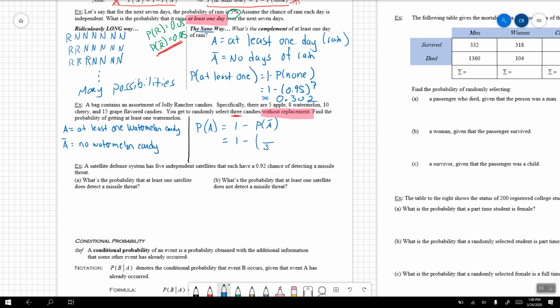So out of these 38 candies, how many are not watermelon? All right, well, there's 8 watermelons, so 38 minus 8, 30 candies are not watermelon. After our initial selection the total goes down by 1, but then the selection of no watermelon candy goes down as well because we took 1 that was not a watermelon. So that means we have 29 that we can select. Then after that, it's going to be 28 out of, you guessed it, 36.